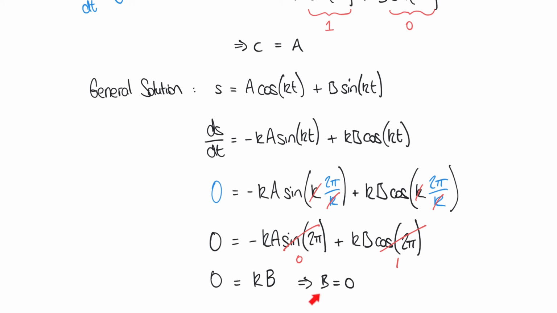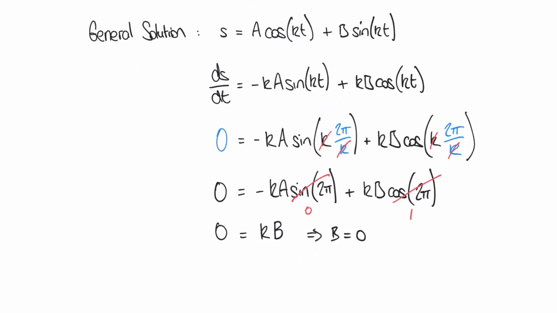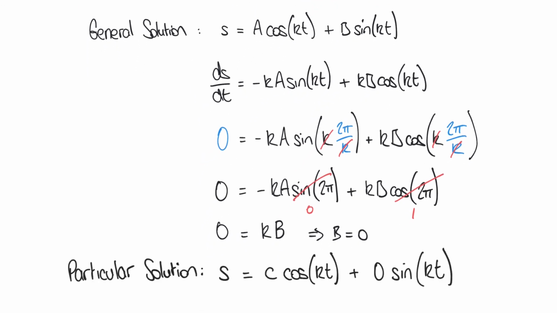And so we can place these in the general solution we saw earlier to find the particular solution to this equation. We have s equals c cos kt plus 0 sine kt. And obviously that sine term will now disappear because it's multiplied by 0. And so we're left simply with the displacement s is equal to c cos kt.